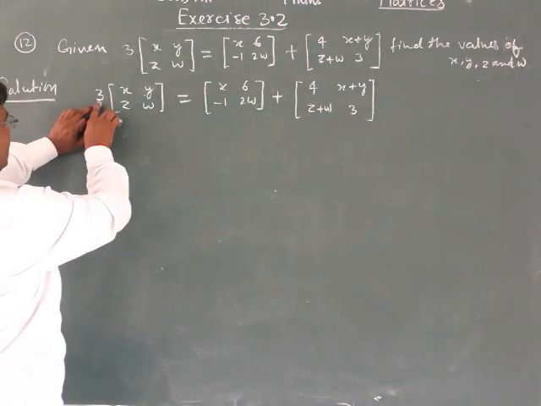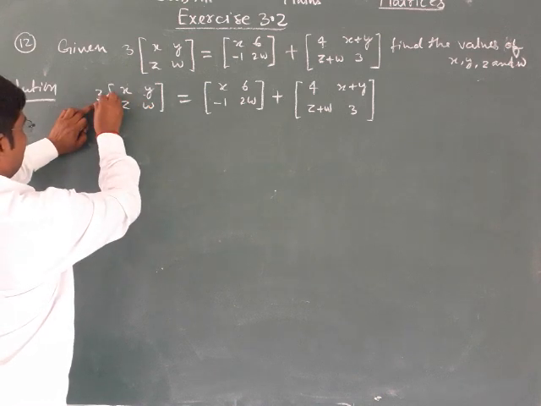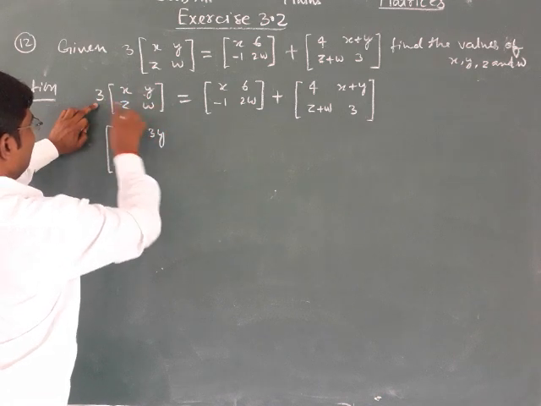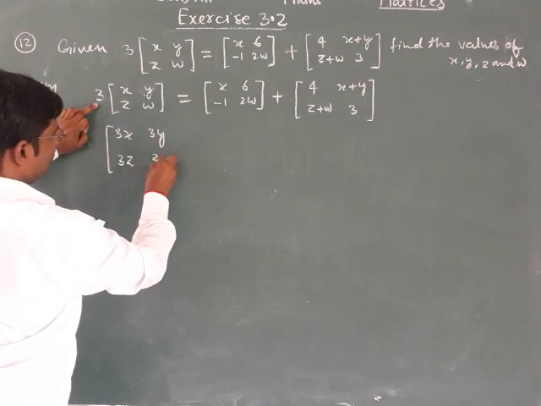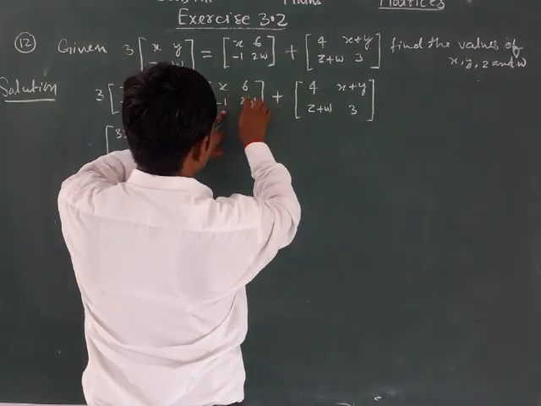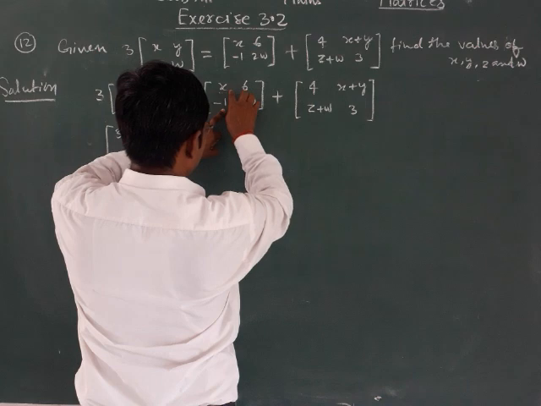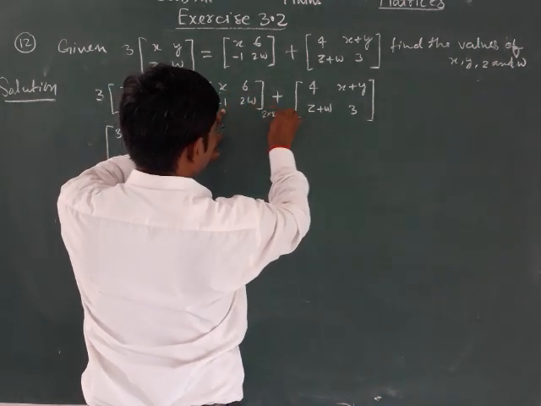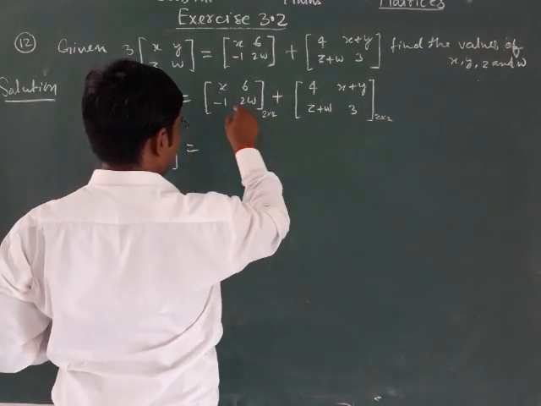Now 3 multiplied by each element of the given matrix: 3 into x is 3x, 3 into y is 3y, 3 into z is 3z, 3 into w is 3w, equal to the sum. Now check the order of the matrices. Both are 2 by 2, so the matrices can be added.